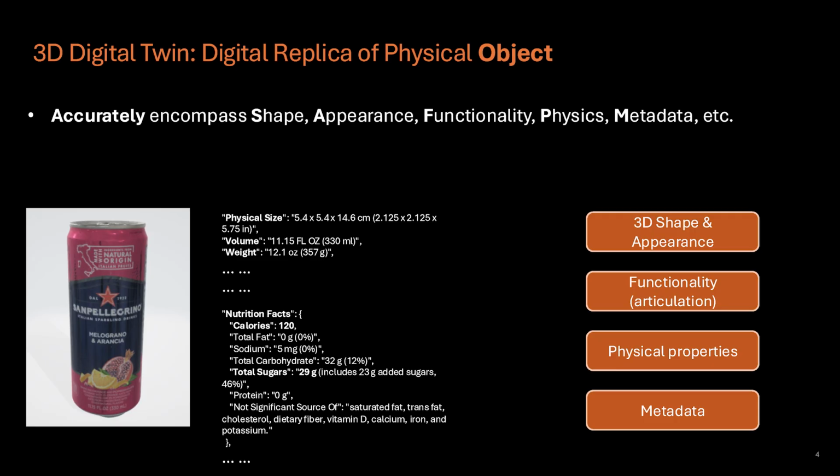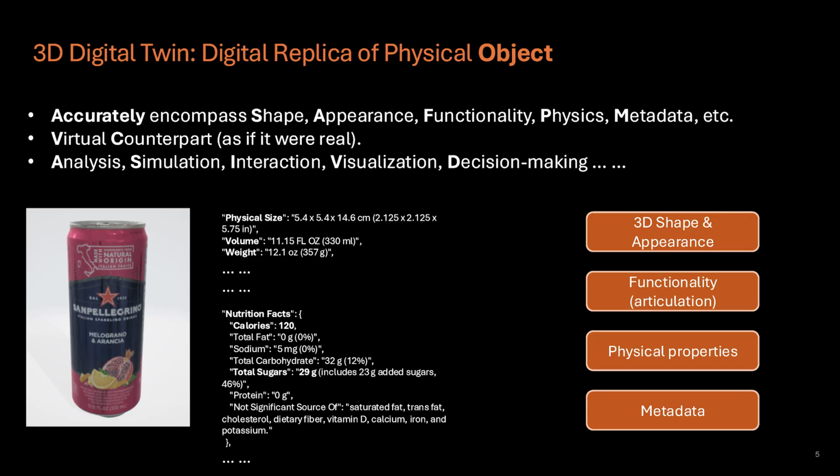As a 3D digital twin, you should capture all this information. Then you can really treat your 3D digital twin as the virtual counterpart of the real world object. And since it has very comprehensive information, it's very accurate. It can be used for analysis, simulation, interaction, visualization, and even for decision making in real applications, essentially.